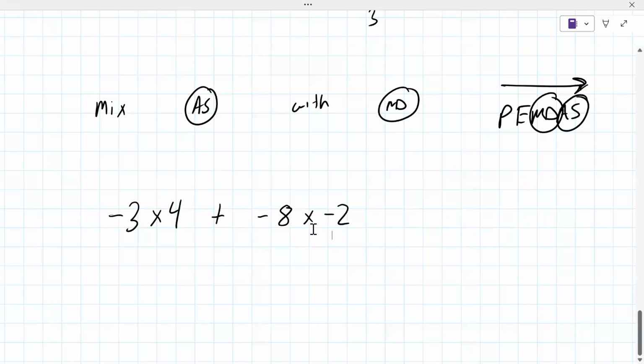The multiplication first. Okay, so do both of these multiplications.